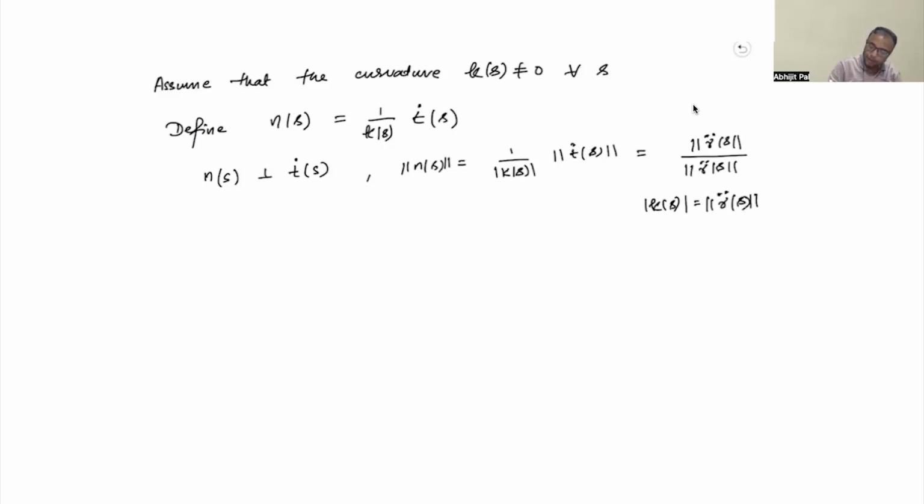Therefore, this is equal to 1. So N(s) is a unit normal vector at gamma s.